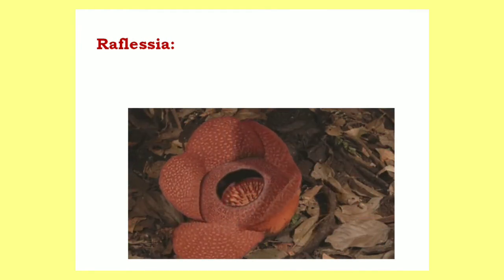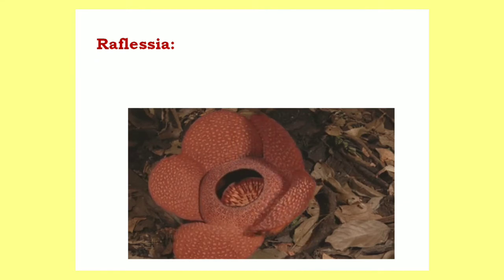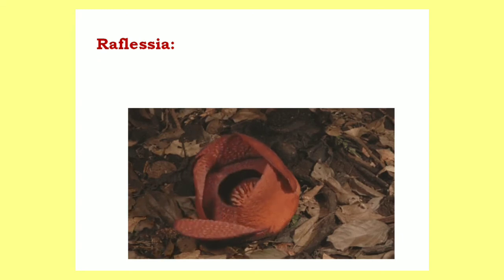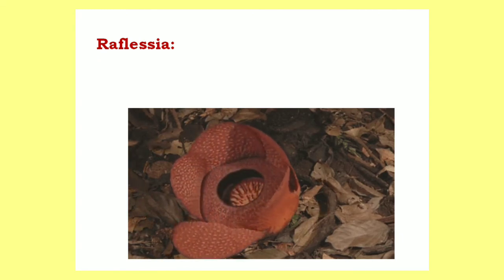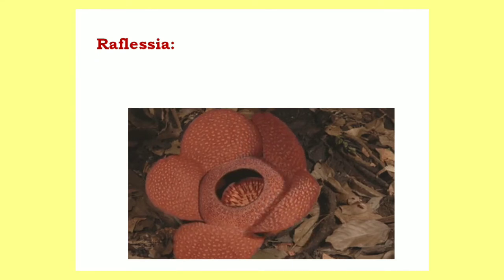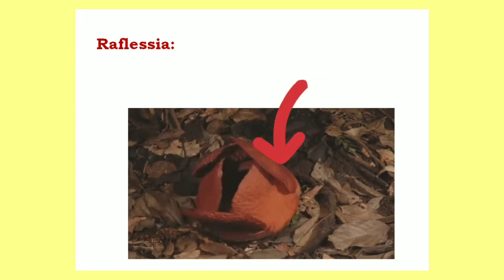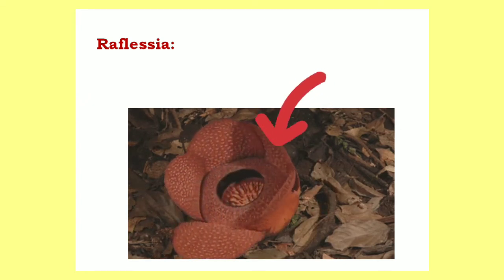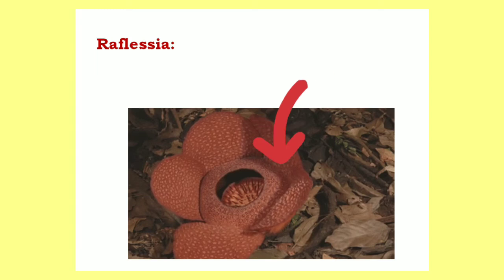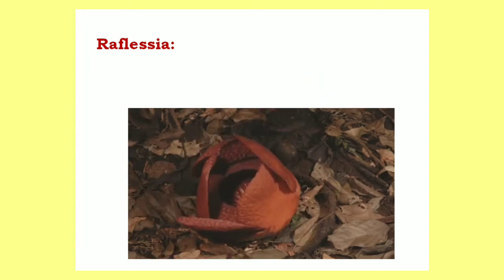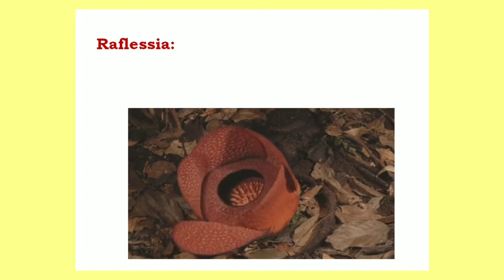We have the next one, Rafflesia. Rafflesia is an example of a total parasite growing on the roots of the host plant. Its stem is highly reduced to fine threads growing into the tissue of the roots of the host plant, from where it sucks its food. Chlorophyll is totally absent. It is an interesting plant as it bears the largest flower in the world.